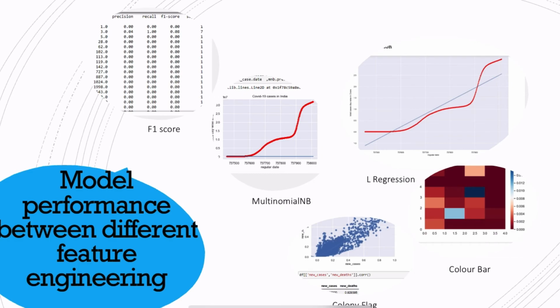And for the feature engineering we have used here, it is color bar, then F1 score, the correlations, dealing with missing values, etc.